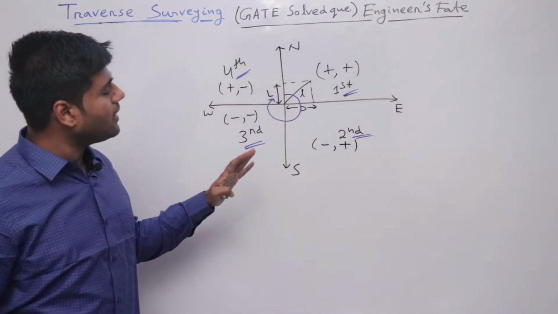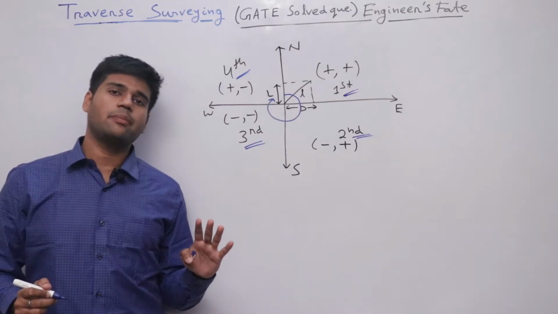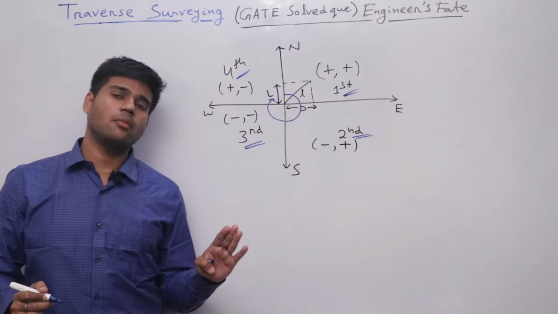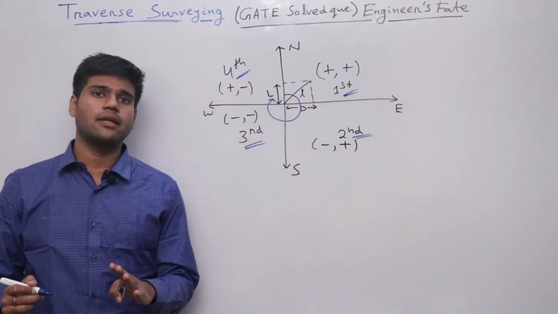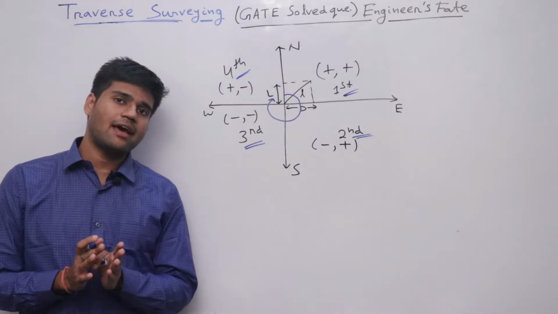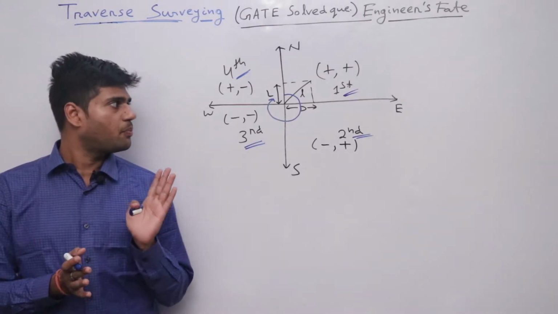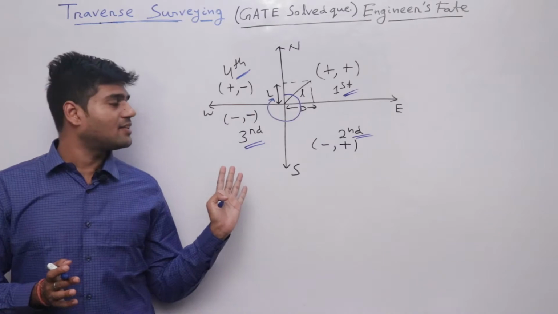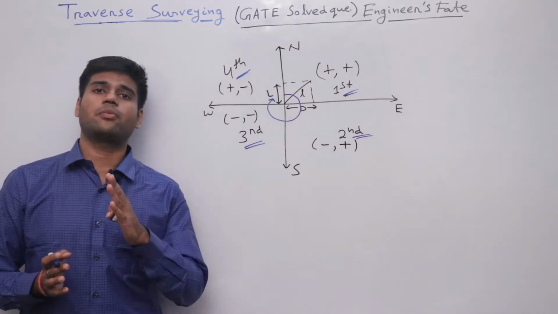Very important: in the question they will give the bearing in the form of WCB or in quadrantal system of bearing. You have to make an arrangement while solving the questions, we'll see that. So please consider this sign convention and fix this in your brain.